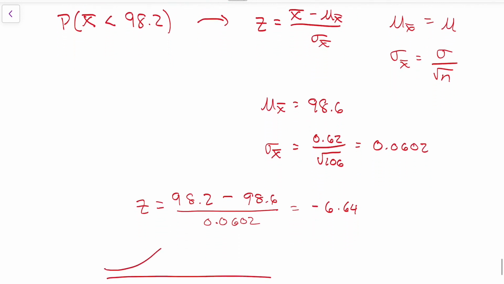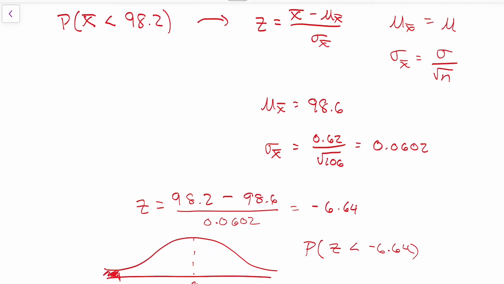So here's my mean of 0, negative 6.64 will be down here. I want the probability of being less than that. The probability that my z is less than negative 6.64 is the area to the left. That's exactly what our table tells us.